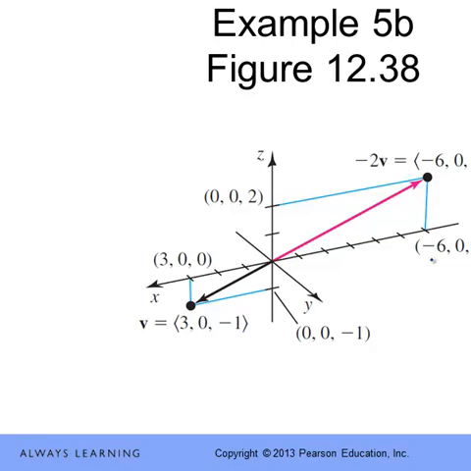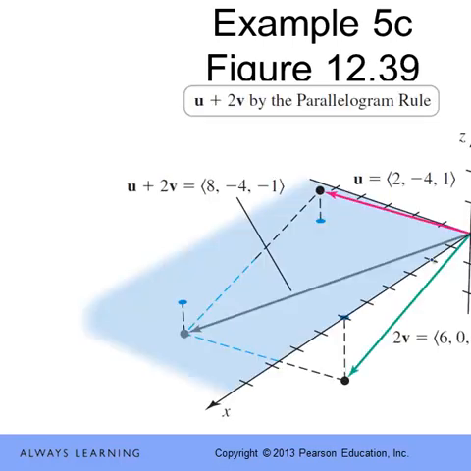If we wanted to combine a couple of vectors by adding, we could do that as well. Suppose that we have vector u, which is 2, -4, 1, and vector v, which had components 3, 0, -1, and you then wanted to know what u plus 2v was.